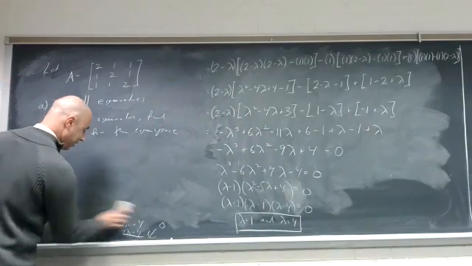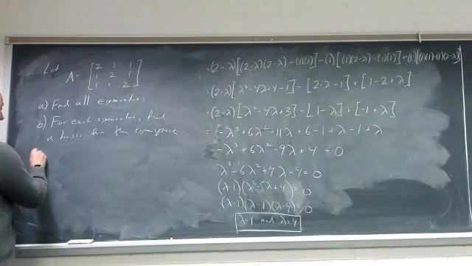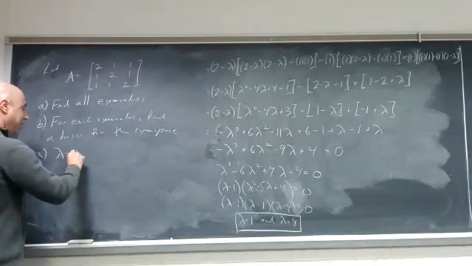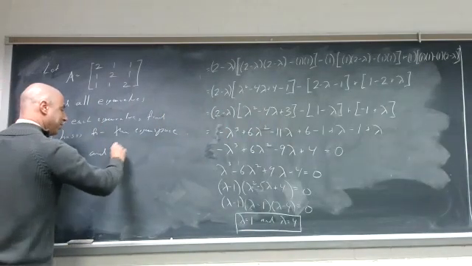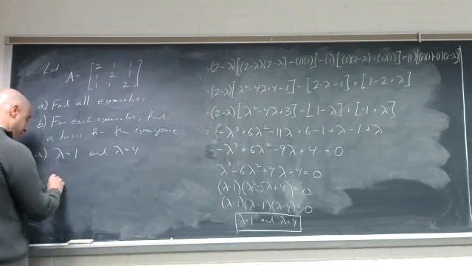The answer to A: lambda equals 1, and lambda equals 4. Let's find a basis for each eigenspace. Let's do lambda equals 1 first.